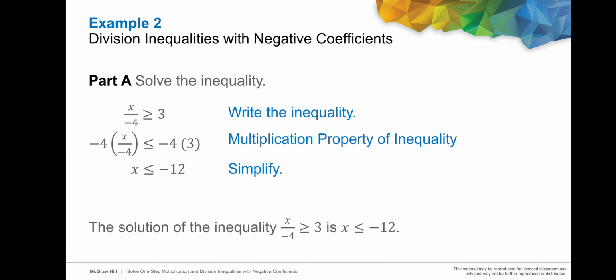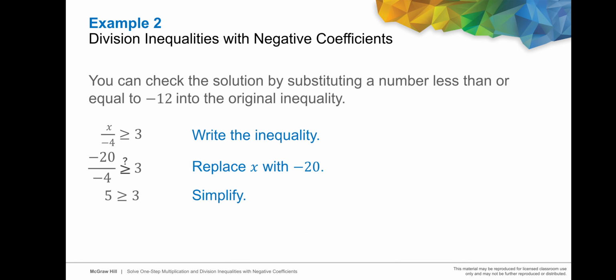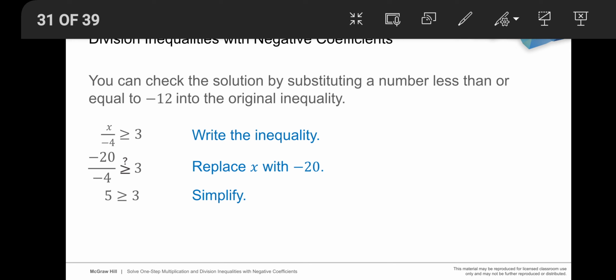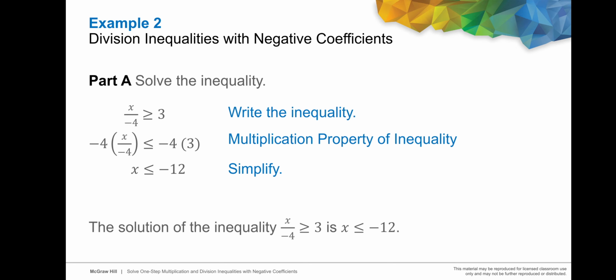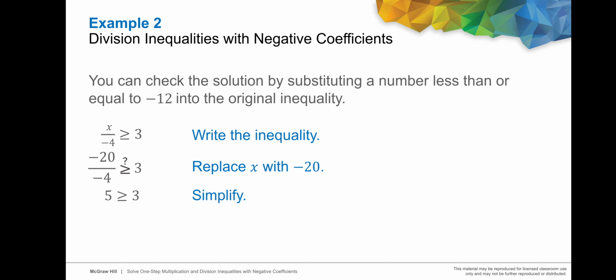Now, as you can see here, I can graph it. Before that, I can check first, of course. I will choose any number that is less than or equal to negative 12. For example, let's say negative 20. Negative 20 is, of course, less than negative 12.